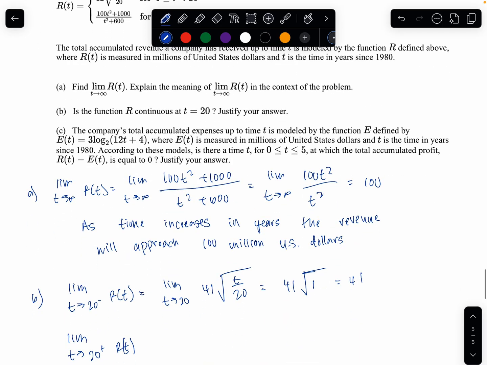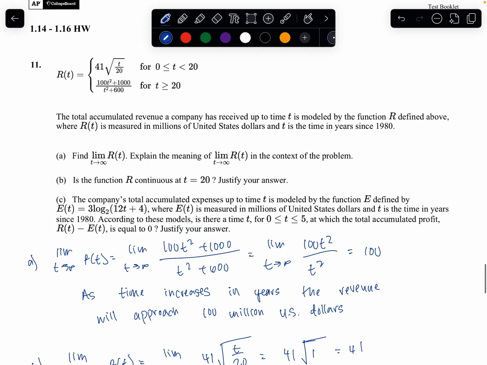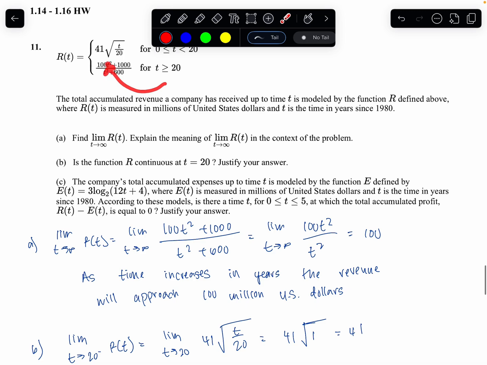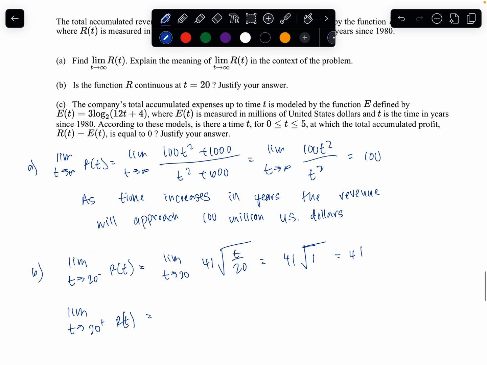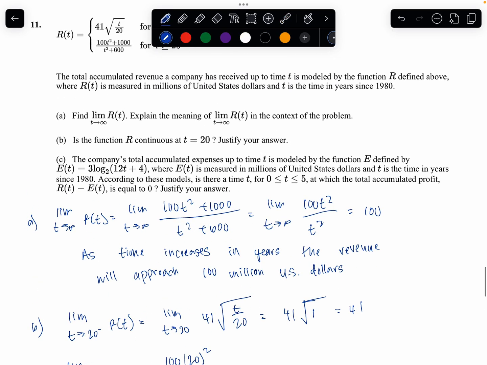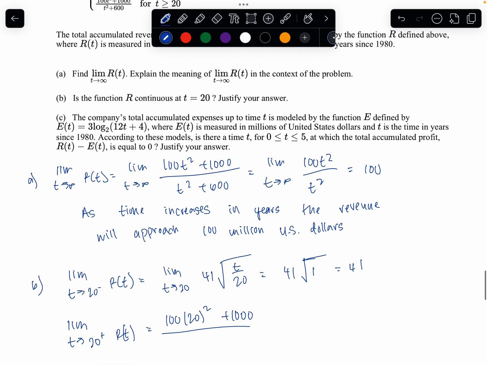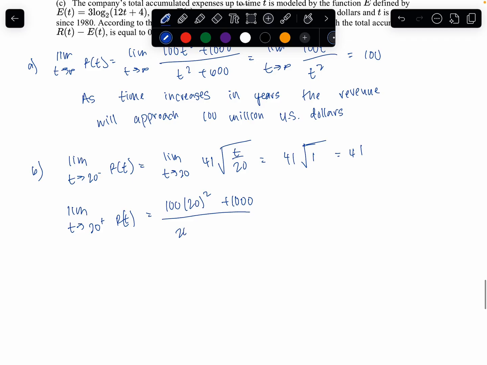Let's do the limit as t approaches 20 from the right of r of t. That's going to be equal to, we're just going to plug in 20 over here. So it's going to be equal to 100 times 20 squared plus 1000 over 20 squared plus 600.